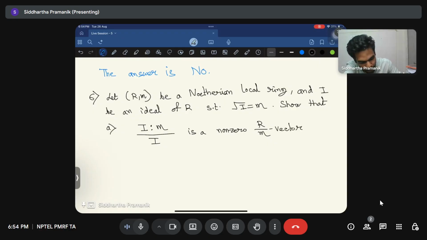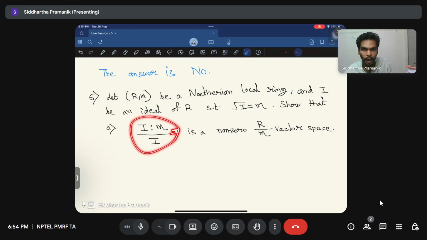So a module over R mod m is basically a vector space over R mod m. So this is the first thing, that this quotient has to be a non-zero vector space over the field R mod m.